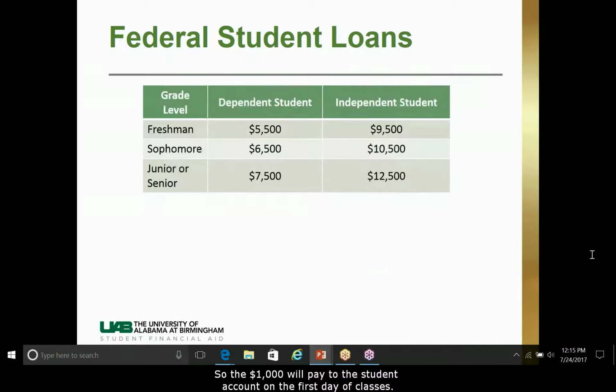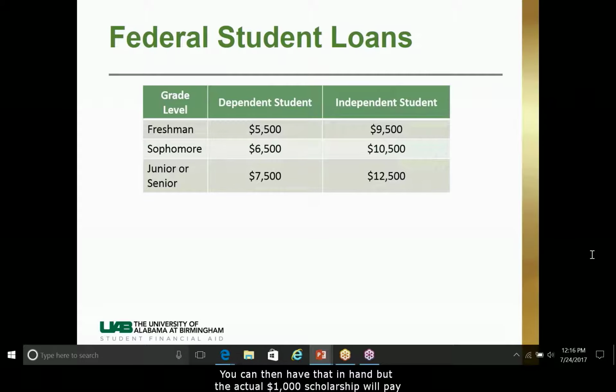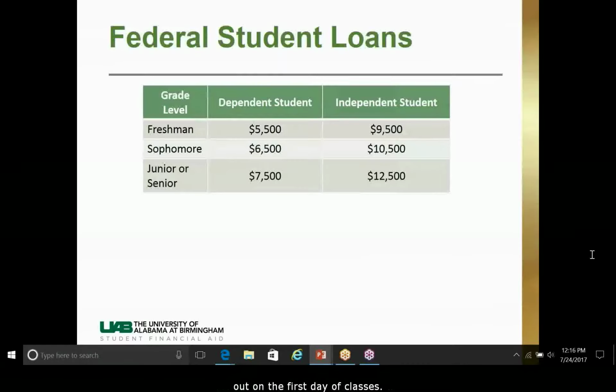So the $1,000 will pay to the student account on the first day of classes and be applied towards any other charges on the student account. That can free up money that maybe you were planning to spend on technology. You can then have that in hand, but the actual $1,000 scholarship will pay out on the first day of classes.